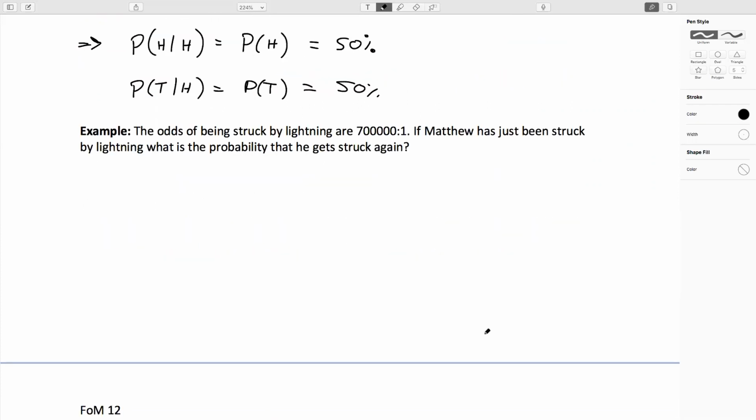The odds of being struck by lightning are 700,000 to 1. If Matthew has just been struck by lightning, what's the probability he gets struck again? Now, this is the truly tricky question. Lightning strikes are independent events.